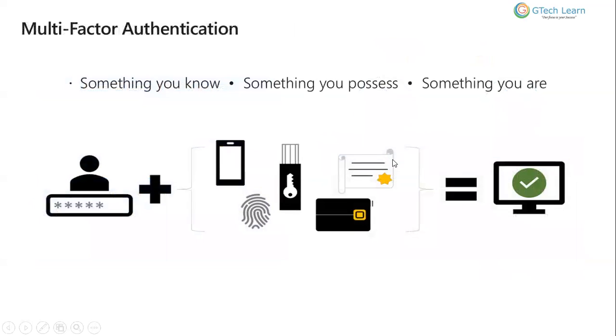Now, moving ahead and talking about multi-factor authentication. Multi-factor authentication is the way that will provide us an extra layer of security, and that is a process in which users are prompted during the sign-in process for an additional form of authentication, such as a code on their cell phone, a fingerprint scan, or an authenticator application.